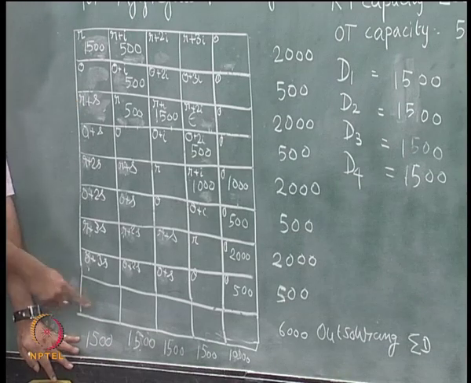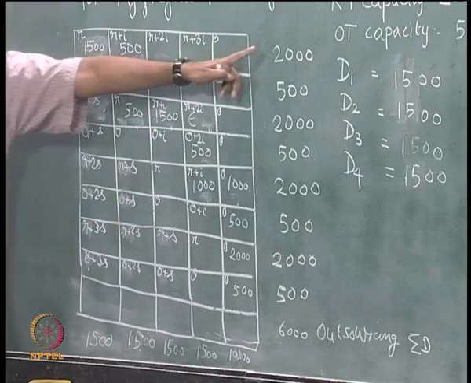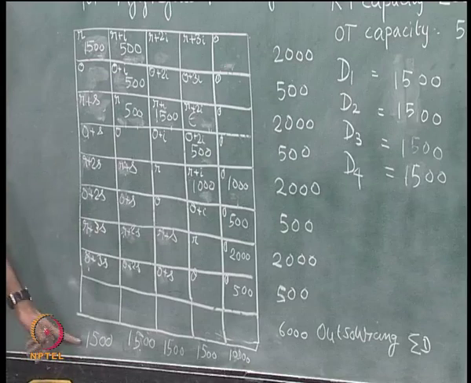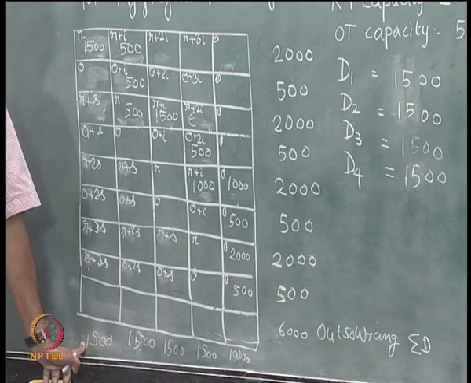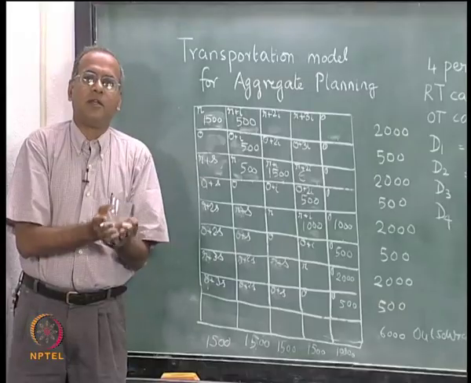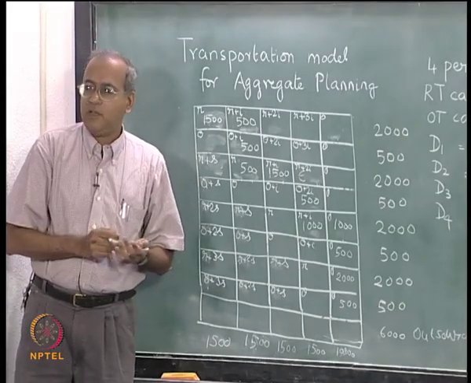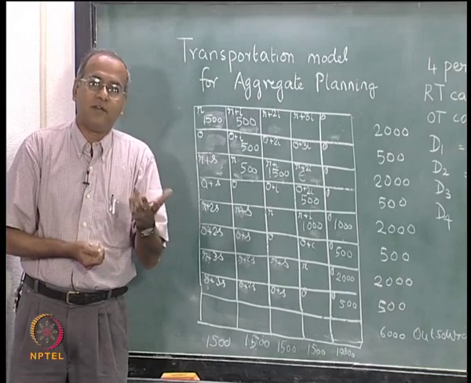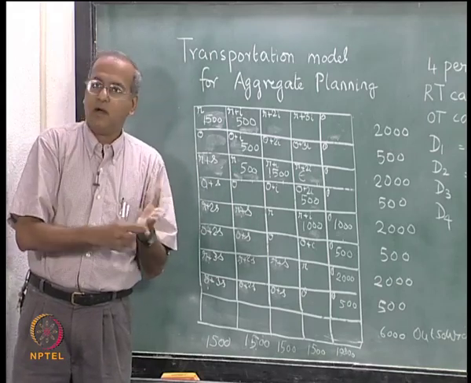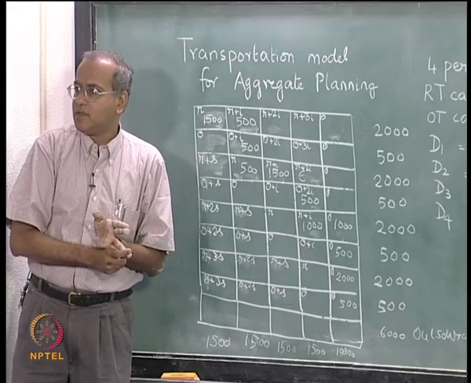If my first month's capacity is 2500 and my first month's demand is 3000, with no beginning inventory, there is definitely going to be a shortage of 500. To meet that, we have to either allow back ordering or allow outsourcing.